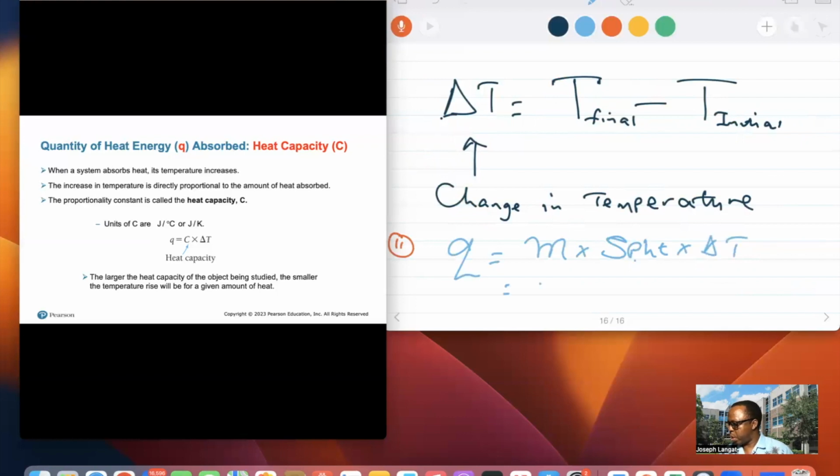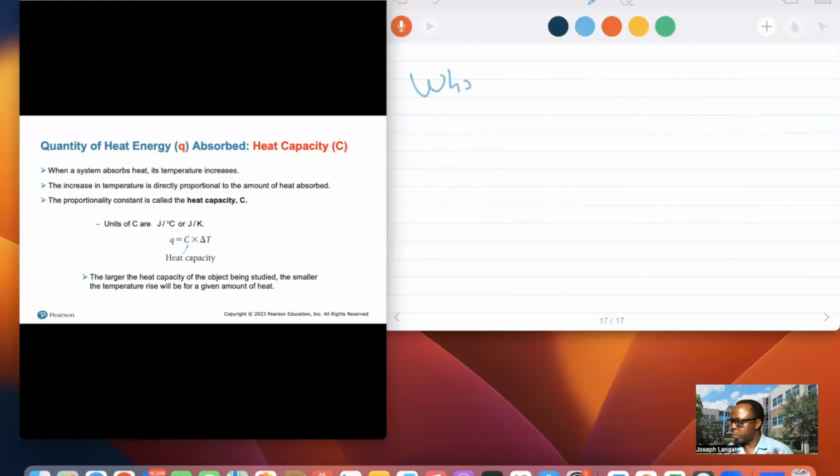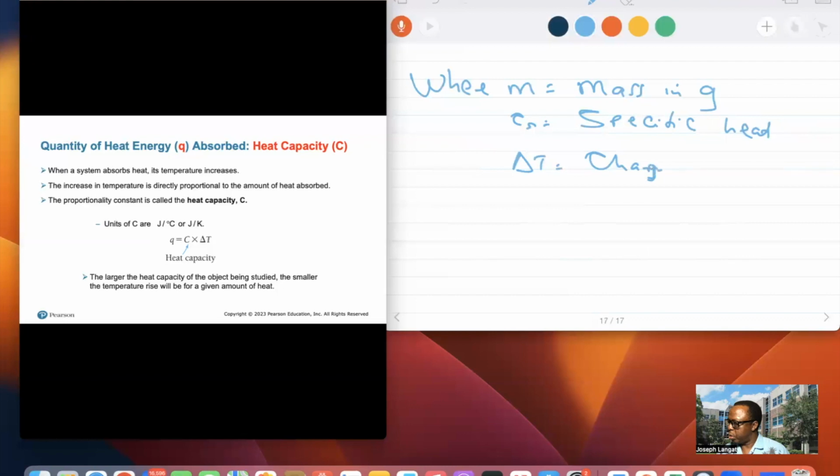Sometimes it can be M times SP times change in temperature, where M is the mass in grams, Cs is the specific heat, and this is the change in temperature.